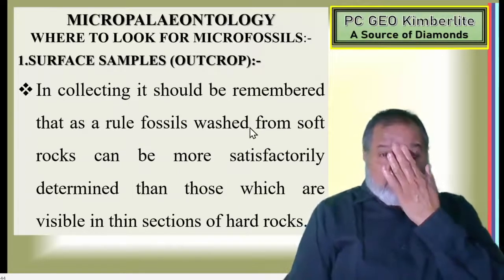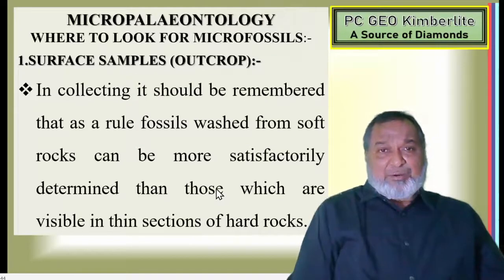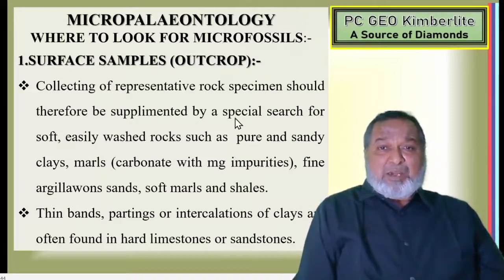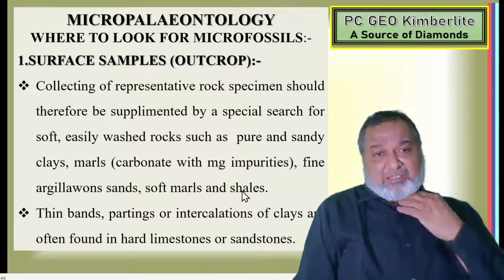Collecting of representative rock specimens should therefore be supplemented by a special search for soft, easily washed rocks such as pure and sandy clays, marl, carbonate with Mg impurities, fine argillaceous sands, soft marls and shells.